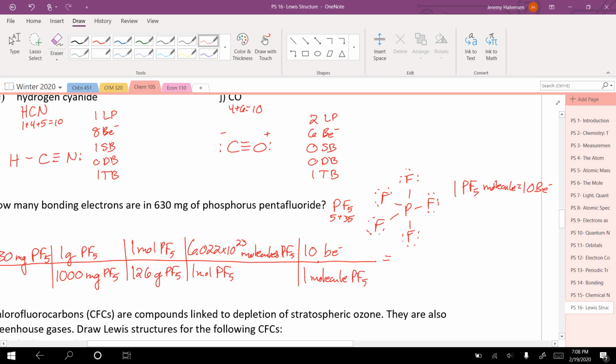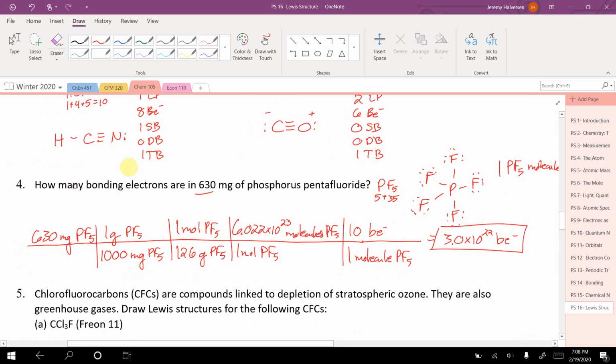Just grab my calculator, do the math. And I get, with 2 sig figs, 3.0 times 10 to the 22nd bonding electrons. Okay.